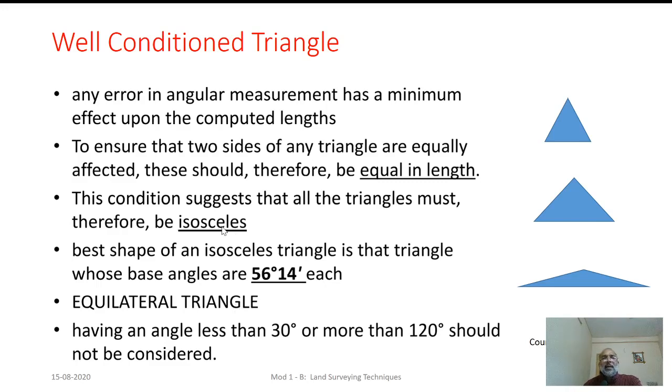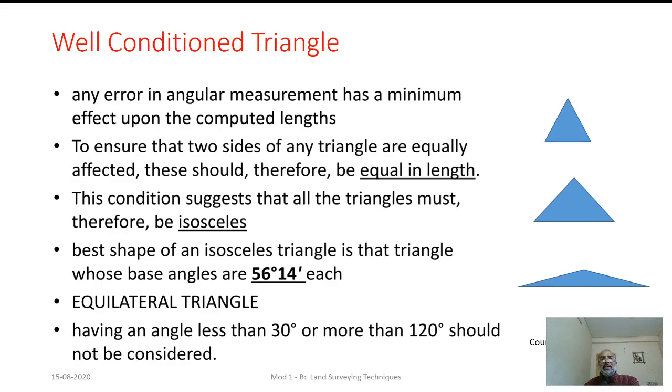But here, usually we prefer isosceles triangles, in which the included angle at the base are each of 56 degrees 14 minutes each. So here, practically to have this kind of equilateral triangle or isosceles triangle is not possible.